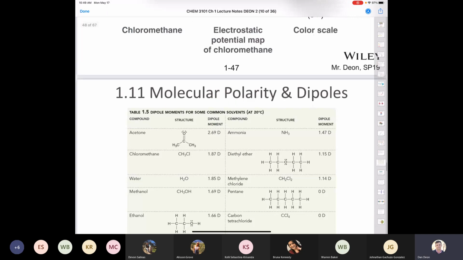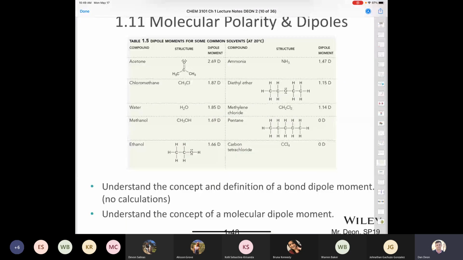Now, in terms of molecular polarity and dipoles, I told you I would never ask you to calculate a dipole moment. I think there might even be a couple questions in our textbook about calculating dipole moments. We'll not ask you how to calculate a dipole moment with a calculator, but you should know what the unit of polarity is, and that's the debye.